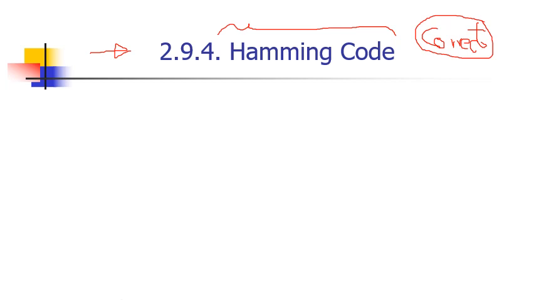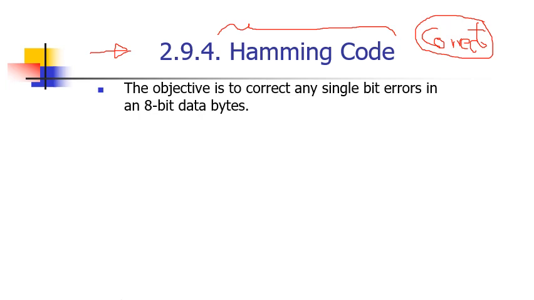So if in transmitting a message, one bit is flipped from a 1 to a 0 or a 0 to a 1, this Hamming code can detect it and correct it. Good. And the main objective is to correct only a single bit error in a message of 8 bits, a byte.